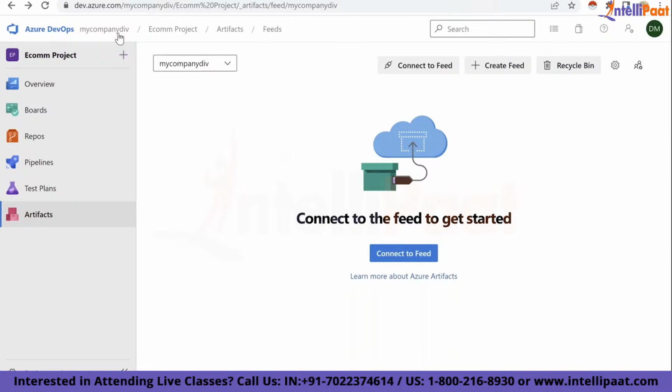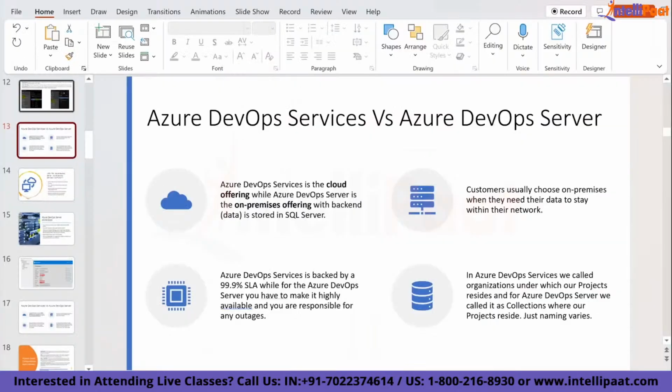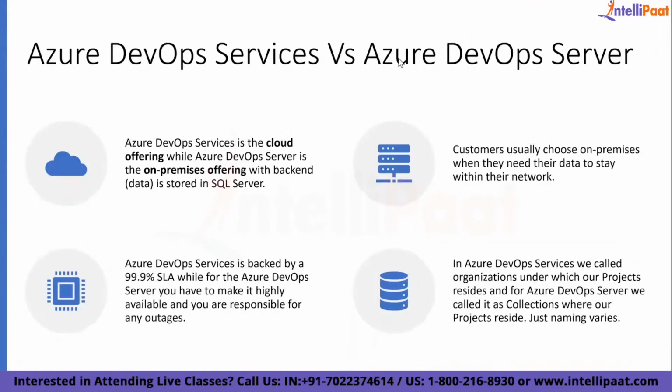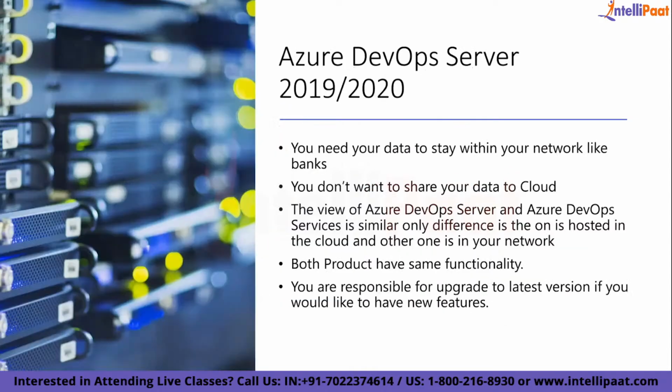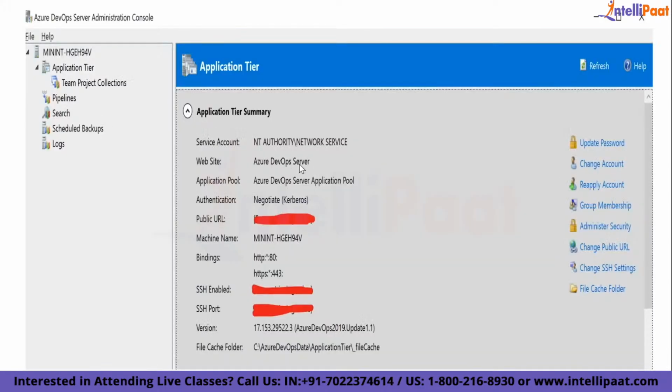If you see the URL, dev.azure.com, it's not us, it's managed by Microsoft Azure. But we do have one more software called Azure DevOps Server, which is on-premises, and it will look something like this. It's Azure DevOps Server, which I have configured on my machine.